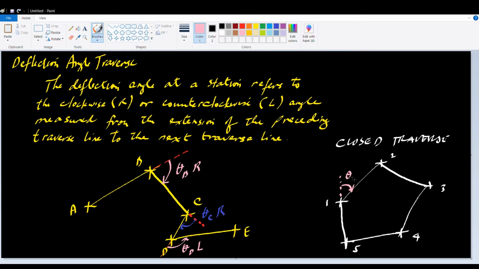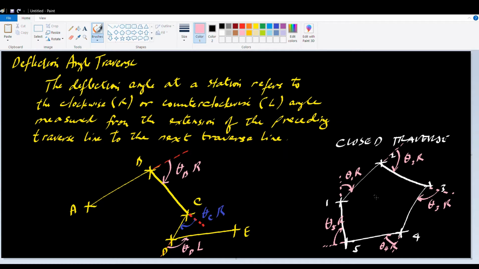We have this theta 1, right. At 2, we make an extension of line 1-2, clockwise angle theta 2R going to line 2-3. At station 3, again, still clockwise, theta 3R. At 4, still clockwise, theta 4 right. And at 5, it is theta 5 right.